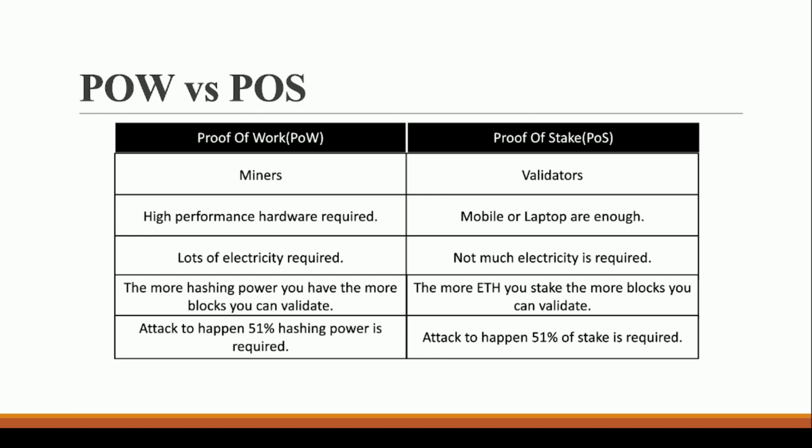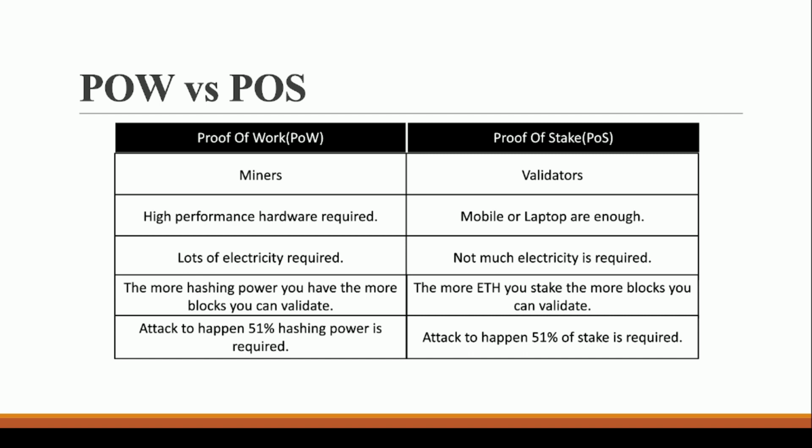While in case of proof of stake, anybody who wants to have control over the Ethereum blockchain needs to stake 51% of the stake amount. And that is very, very high. Just imagine the price of Ether is around, I think, $1,000 at this point of time. I just don't know.